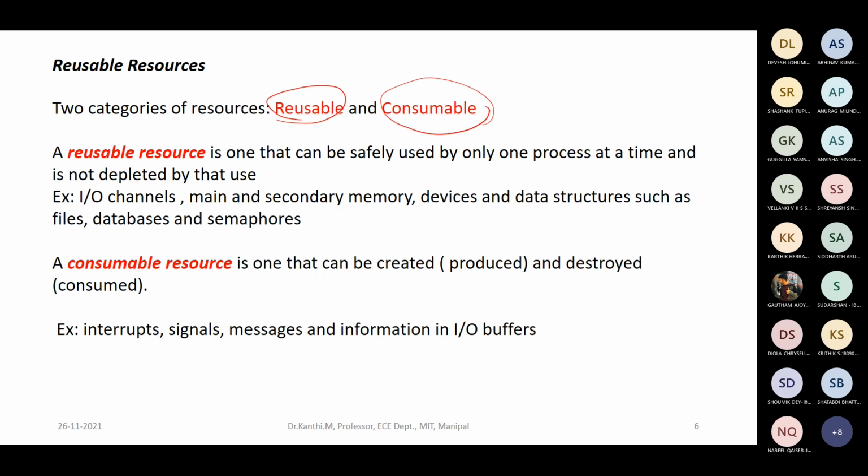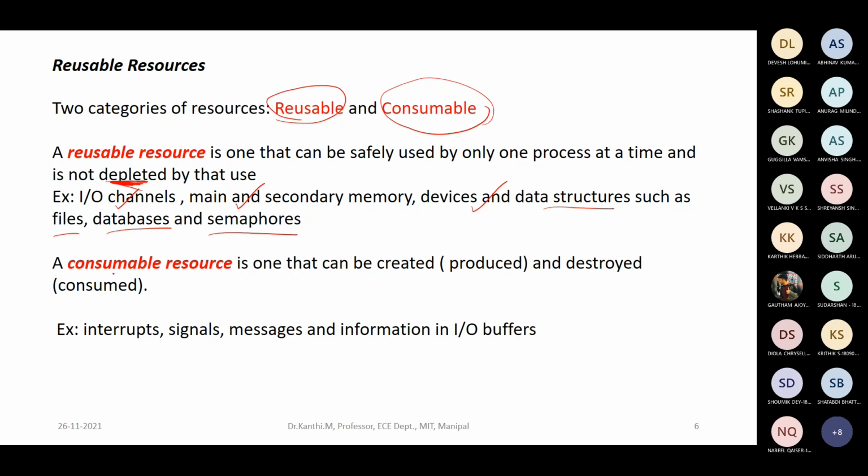The reusable resources, as the name says, is the one that can be safely used by only one process at a time and is not depleted by that use. Okay, please try to understand. So examples are I/O channels, main and secondary memory, devices and data structures such as files, databases, and semaphores. So these are examples of reusable resources.